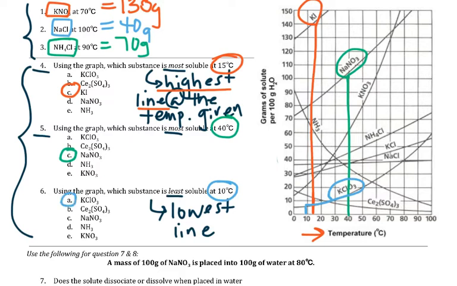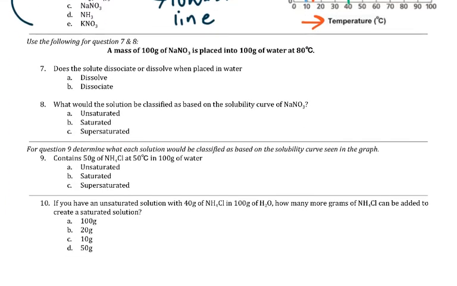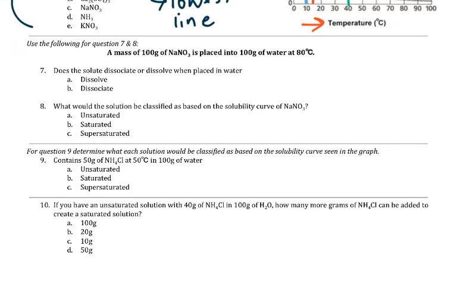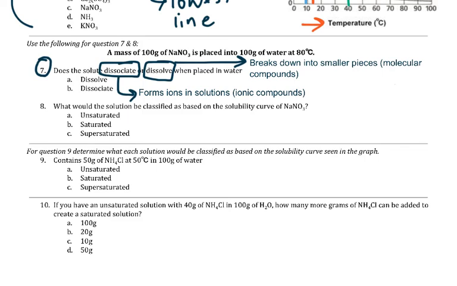And now we're going to go ahead and move on down to 7 and 8. So on number 7, you actually don't need the solubility curve at all. Okay, the key to answering this question is, do you know and can you define the words dissolve versus dissociate? So I went ahead and provided the definitions. You guys should see them now. To dissociate, that's specific to something ionic. Dissolve is for molecular.